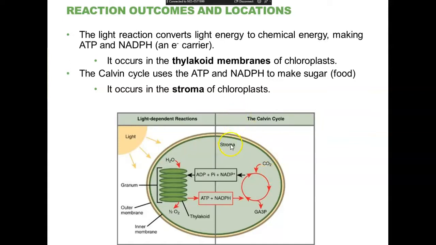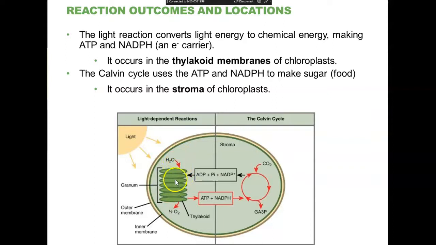So here's a basic schematic relating those two processes to each other. Within a chloroplast, and that's what we're looking at right here, the outer membrane, the inner membrane, and then the membranes of the thylakoids, which is where you'll find all of the molecular equipment for the light reactions.